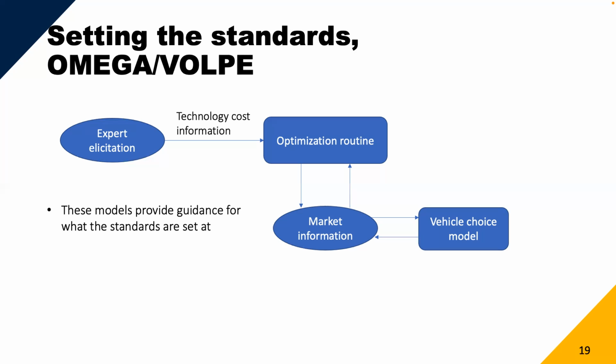Then they make some judgment: we want the companies to spend no more than this amount of money over the next couple of decades, and we think that feasibly means they can get to some target. That's where this 55 mpg number comes from. There's this whole modeling process that backs that number up.